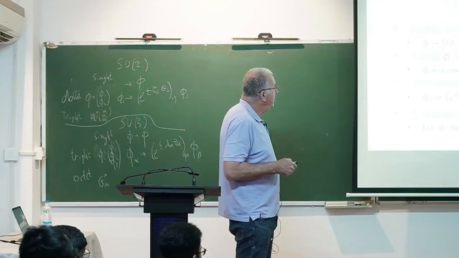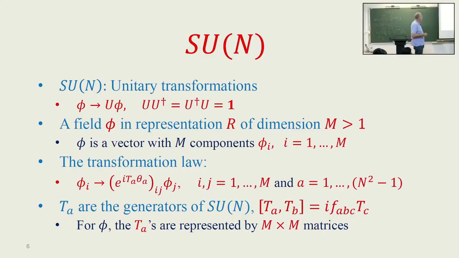So, a field phi in a representation, okay. So a representation can be a doublet, a triplet, of dimension m. So a doublet has m equals 2, a triplet, 3 components, m equals 3, and there could be several representations with the same m, so that's why I do not necessarily call the representation by just the size of it.